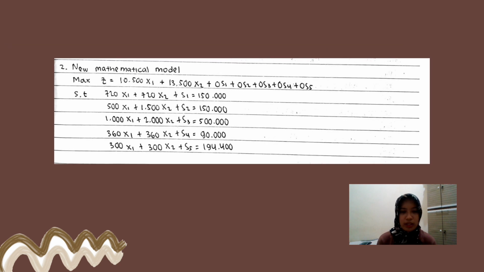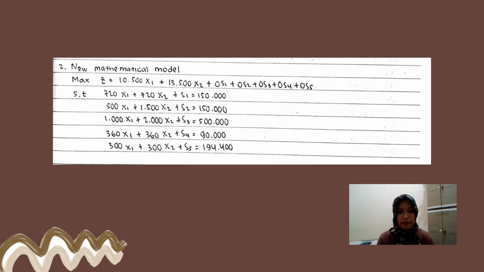Second, we get the new mathematical model. So we get maximum z equals 10,500 x1 plus 13,500 x2 plus 0 s1 plus 0 s2 plus 0 s3, such that 720 x1 plus 720 x2 plus s1 equals 150,000, and so on.